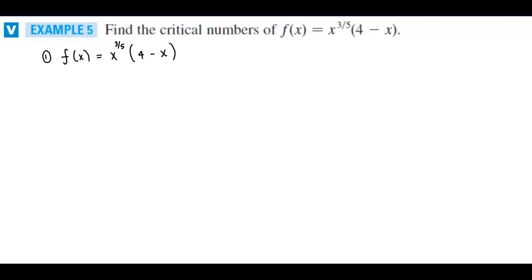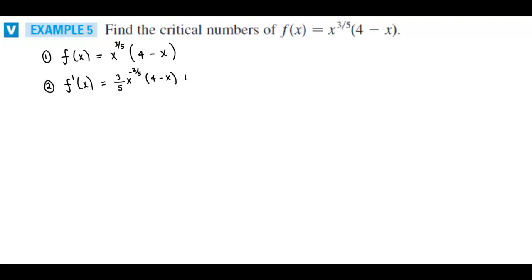Okay, so we can use the product rule here if we want to find the derivative of this function. So by using the product rule, we can take the derivative of x to the 3/5, which becomes 3/5 x to the power of 3/5 minus 5/5, which becomes negative 2/5, times 4 minus x.